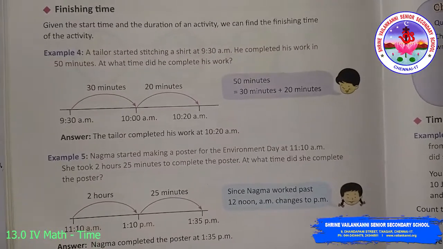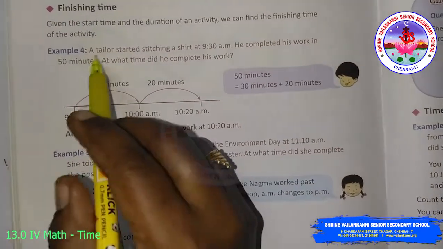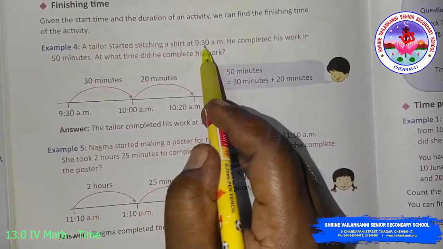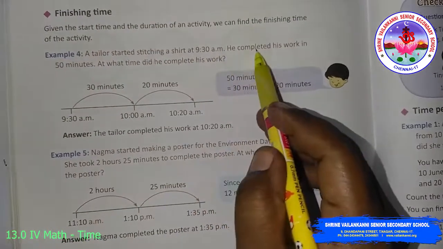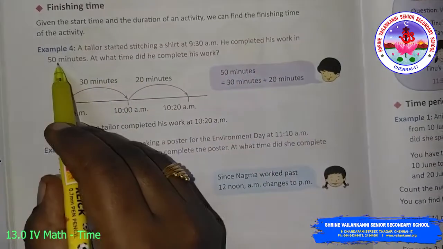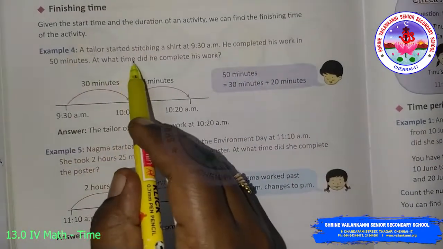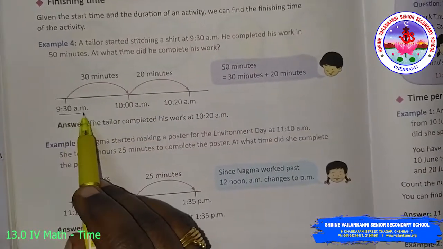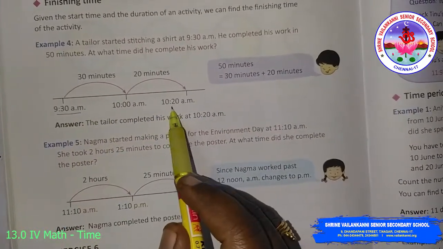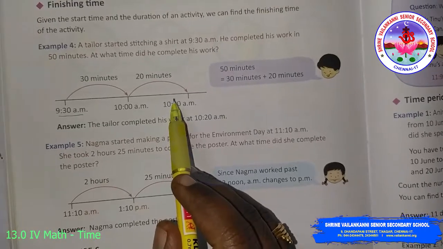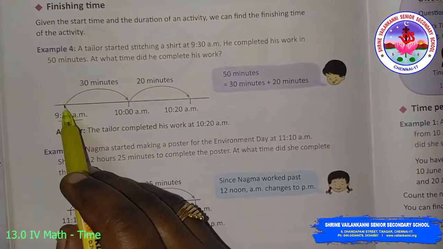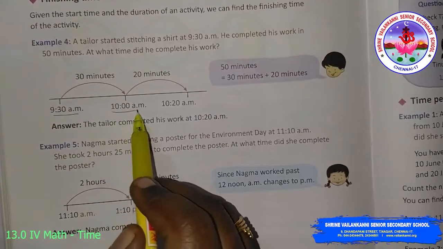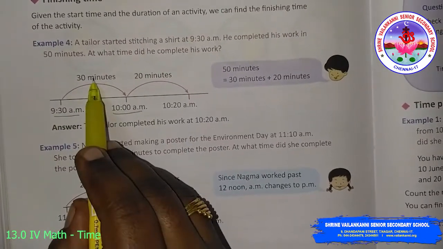With the same example, we are going to see one sum. A tailor started stitching a shirt at 9:30 a.m. He completed his work in 50 minutes. At what time did he complete his work? So 9:30 started, and 50 minutes he took to stitch. First, 9:30 a.m. to 10, half an hour, that is 30 minutes.